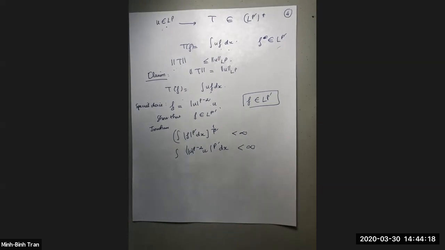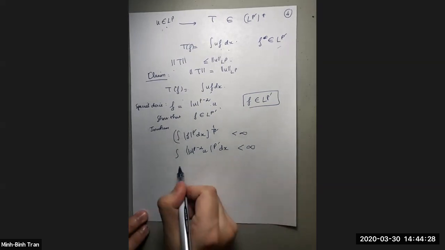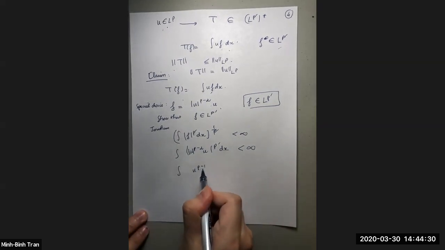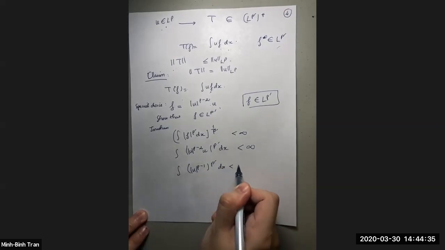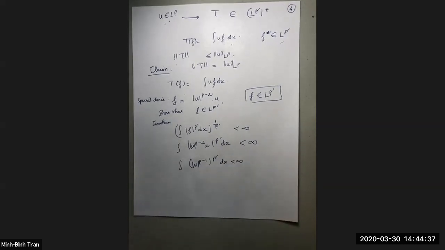And I want to show that this is smaller than infinity. All right. So how can I show that? So this will be |u|^(p-1) to the power p' dx. And I want to show that this is finite. It seems to be challenging, or not?